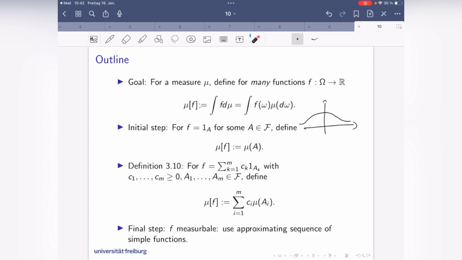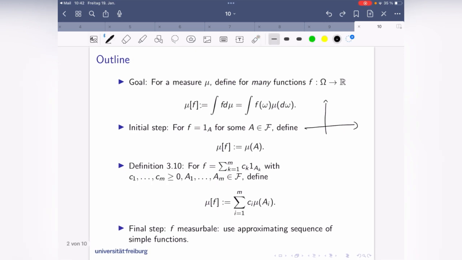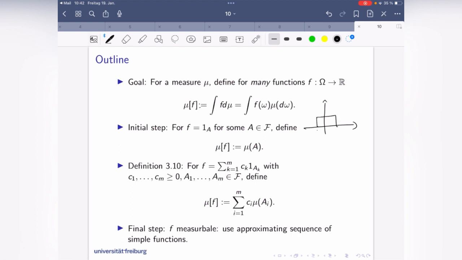You weight all the function values according to the measure. And when you do this, and you have, for example, some set A, then this here is the indicator function. And you weight elements outside here with 0. You weight elements within the set A with 1. So mu of f is mu of A.